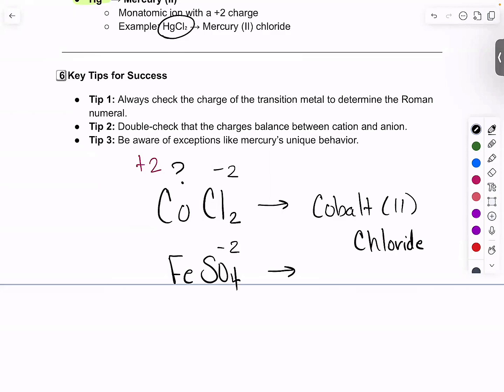So we know sulfate is -2. So we would need to know right away that has to be a +2 to match that. And there you have it.